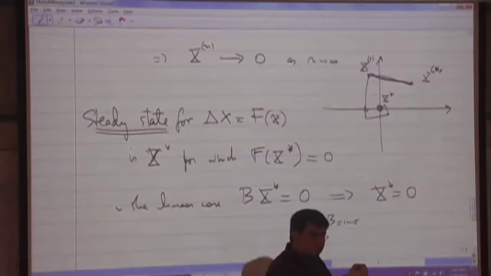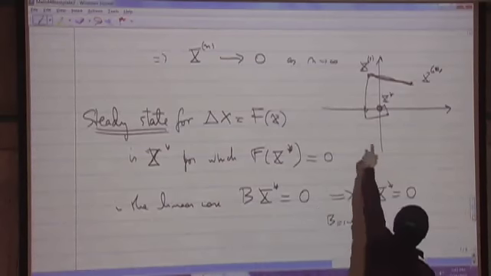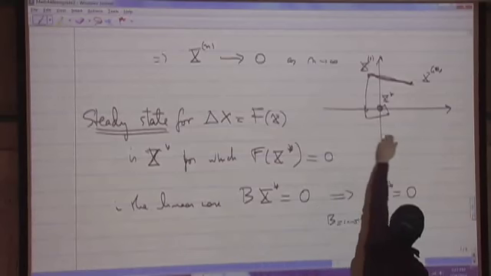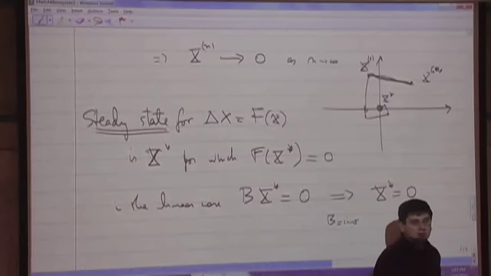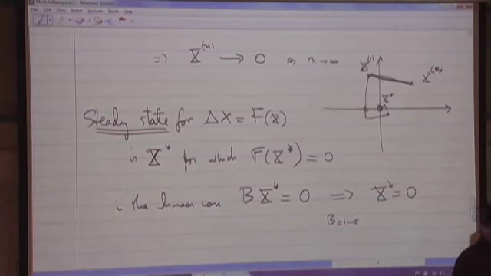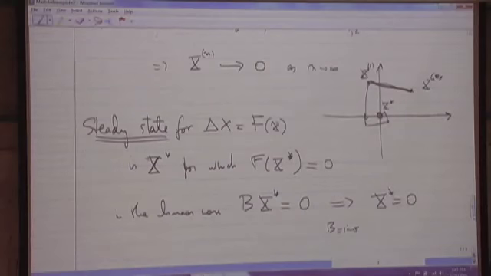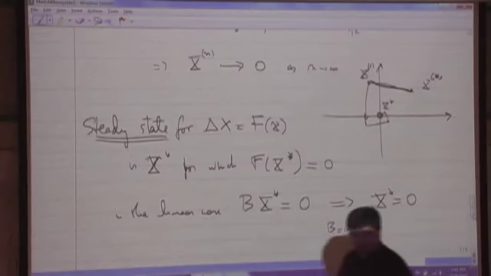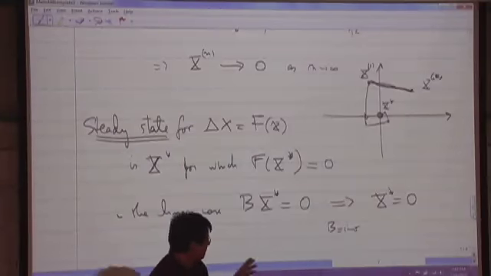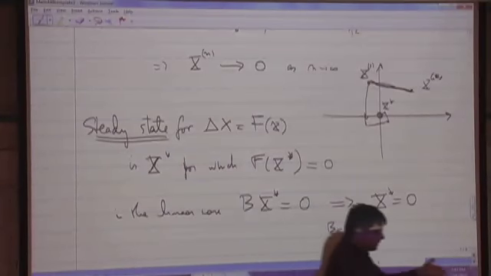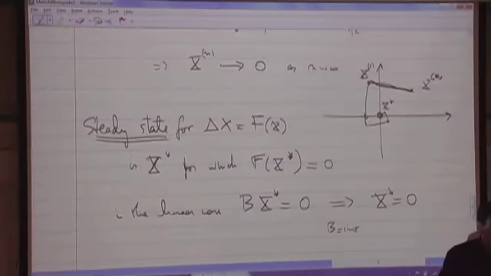Things don't go to it. Things starting nearby on that particular line might stay at those points. But you deal with this case by case, right? So you have a problem. You look for the steady states. Then you analyze each, right?